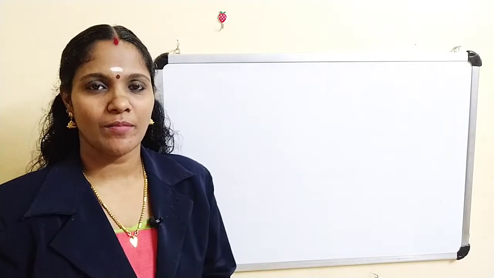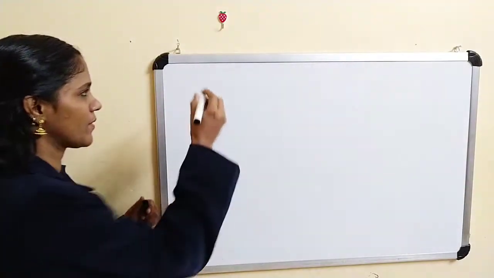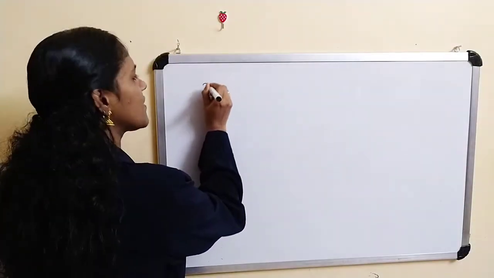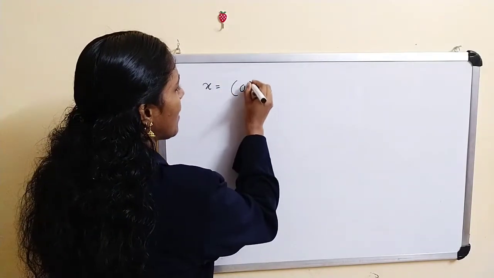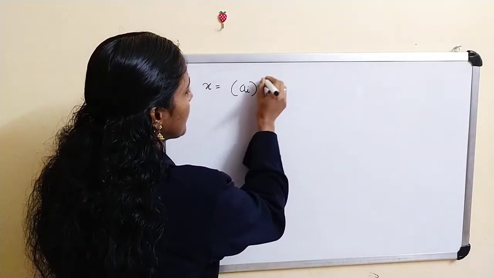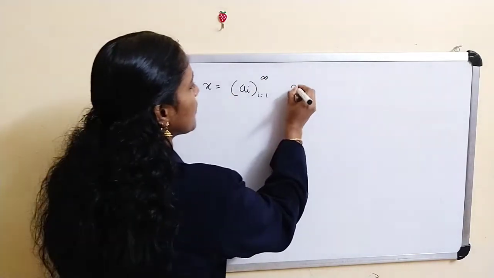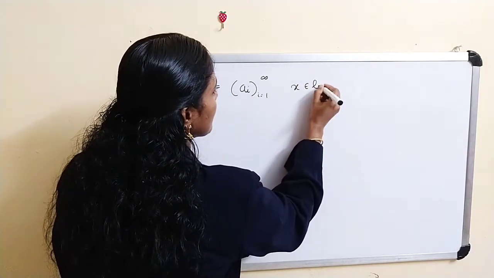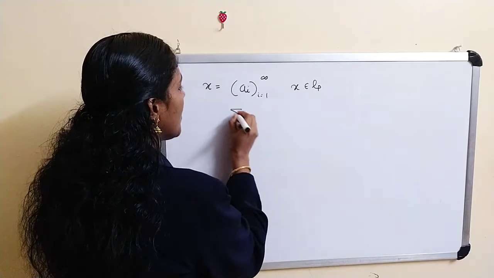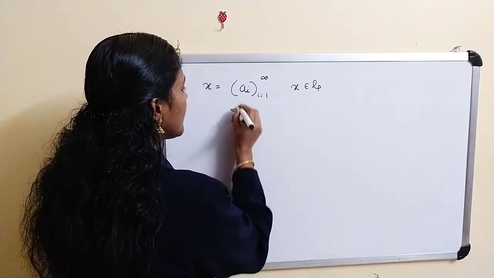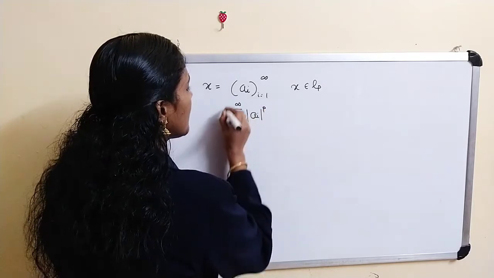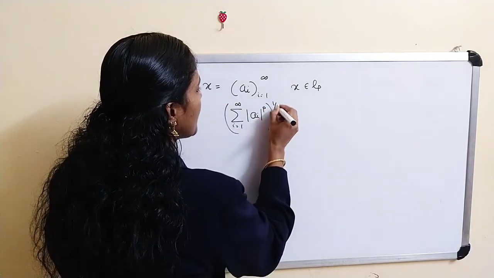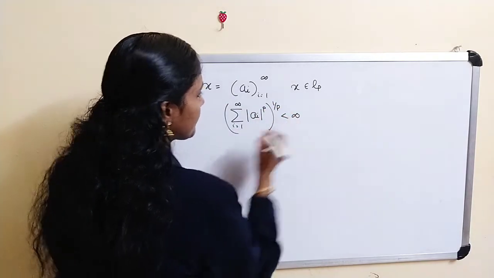Now the next example is on l^p. On l^p you take a sequence same as in c_0. Let x = (a_i), i equal to 1 to infinity, and x belongs to l^p. Now what is the meaning of that? (sigma i equal to 1 to infinity of |a_i|^p) whole raised to 1 by p is less than infinity.